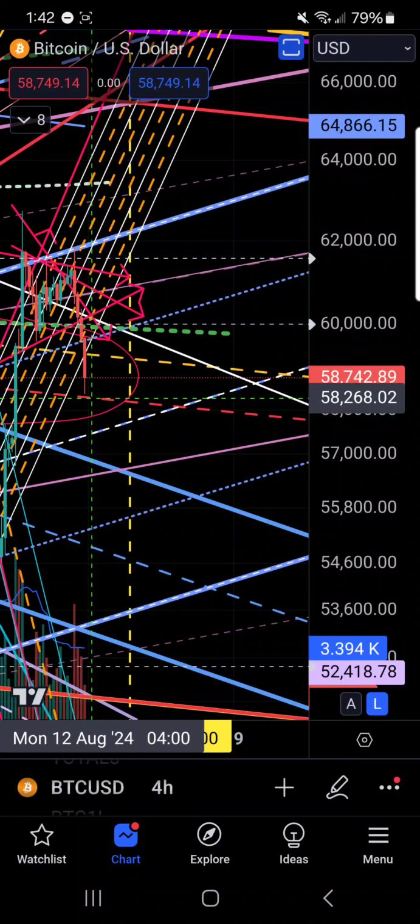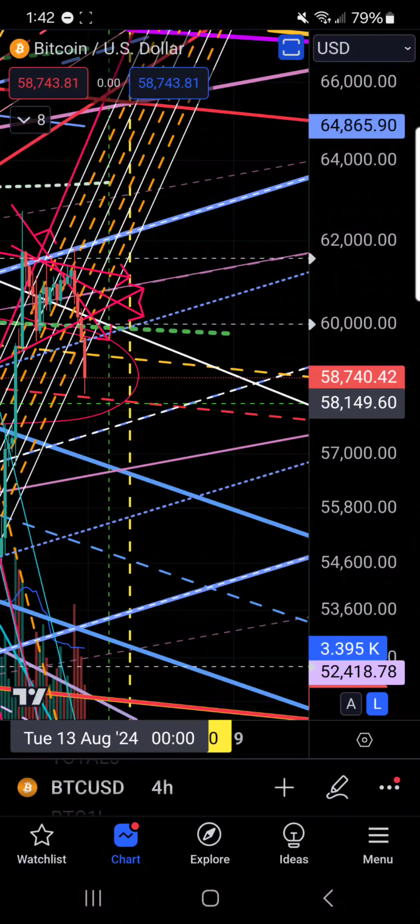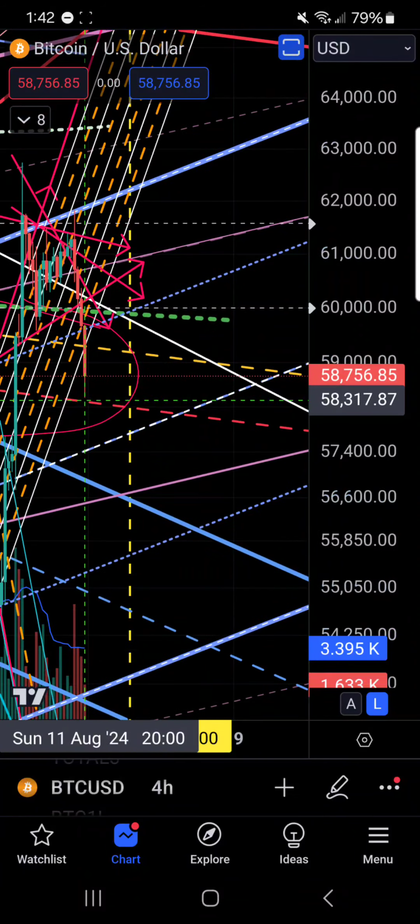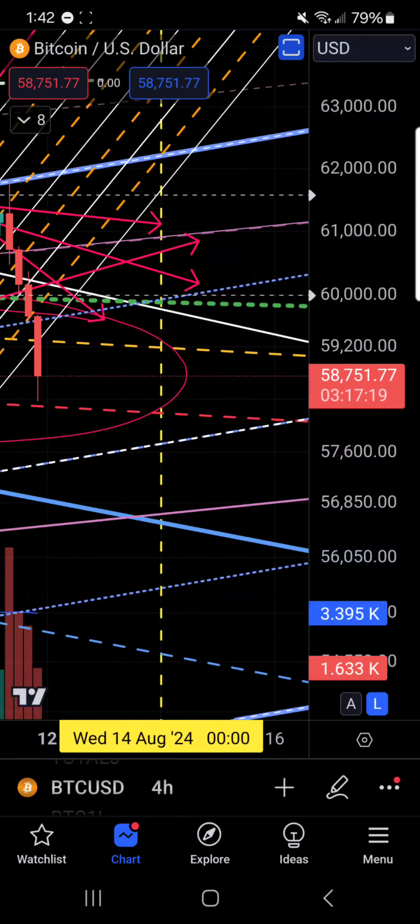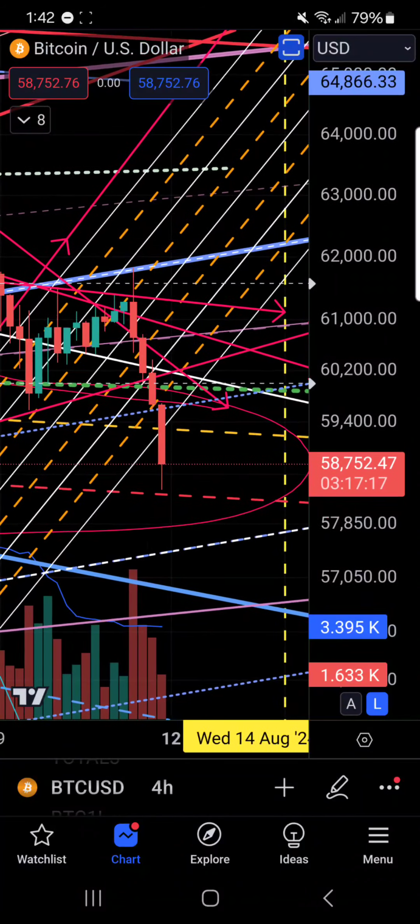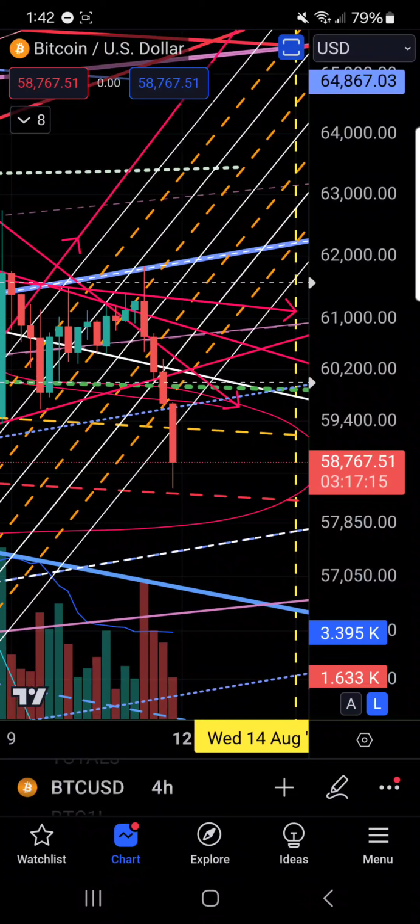So we did bounce there. That's pretty good. What the market's doing right now is trying to figure out two things going on.